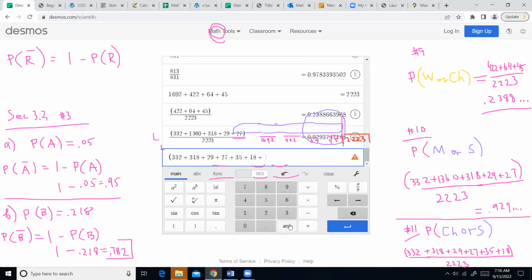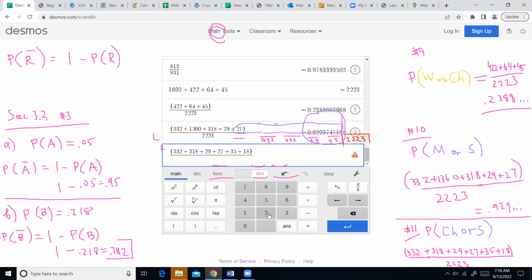Is it? I already entered all of them. Oh, I guess I got carried away. I like entering them, I guess, that's why. So anyways, divide this by 2223, and we're done, about 34%.